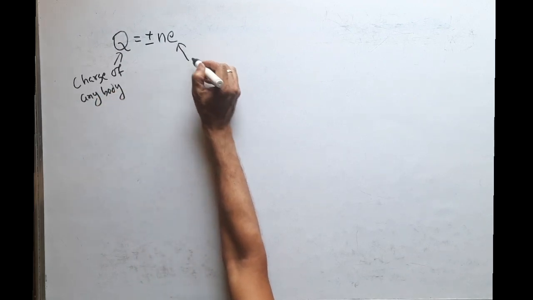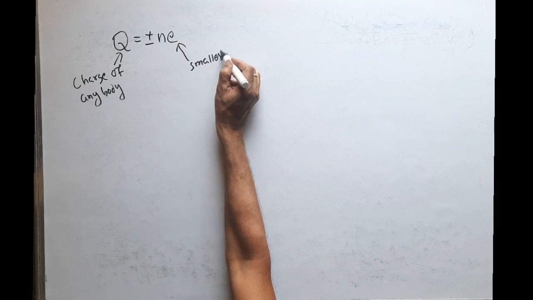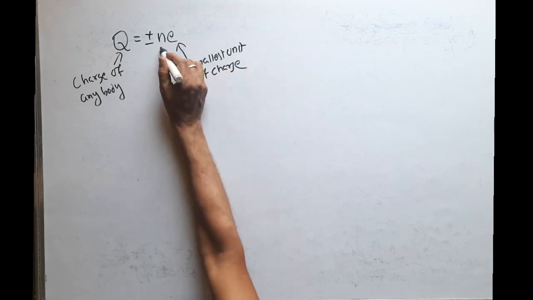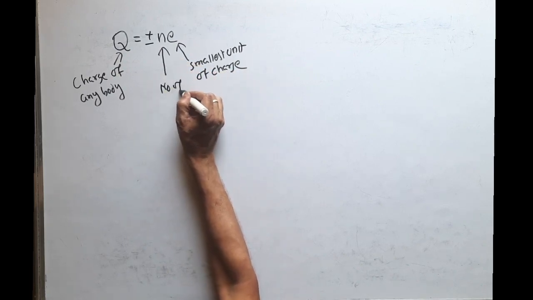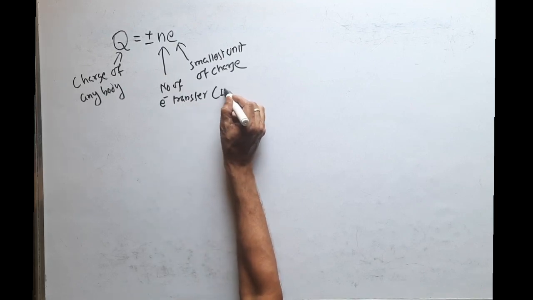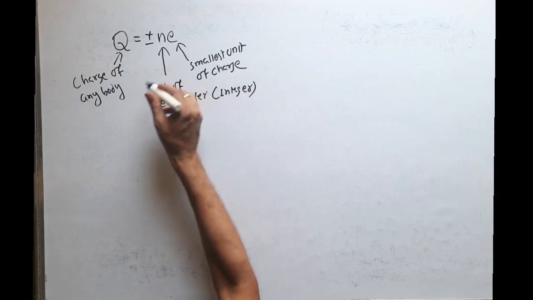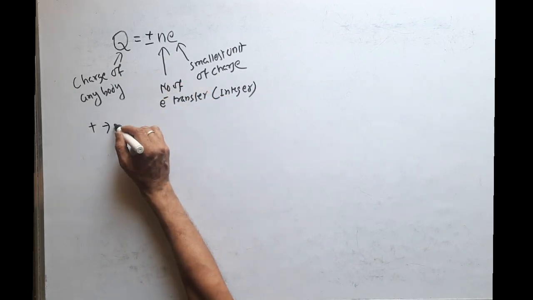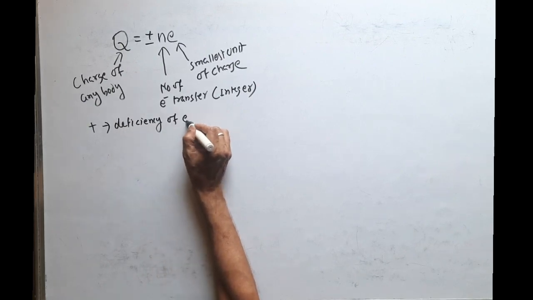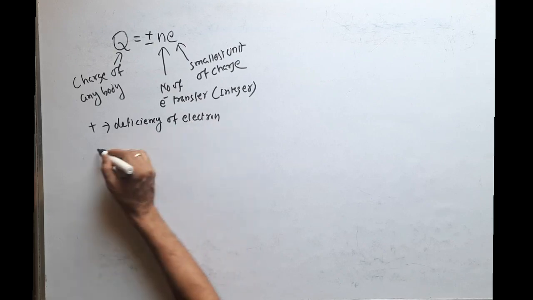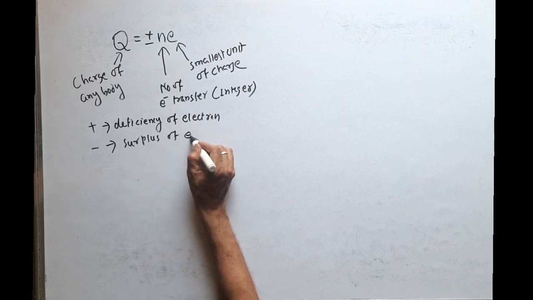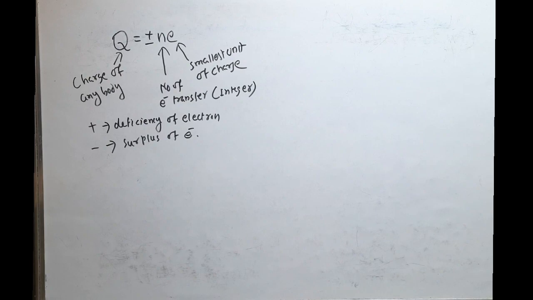Then what is e? e is the smallest unit of charge. And N is the number of electrons transferred. It is always an integer value. And what is positive? Positive indicates deficiency of electrons. If there is deficiency of electrons, it will create positive charge. And negative means surplus of electrons. Okay, so this is the charge of any body.